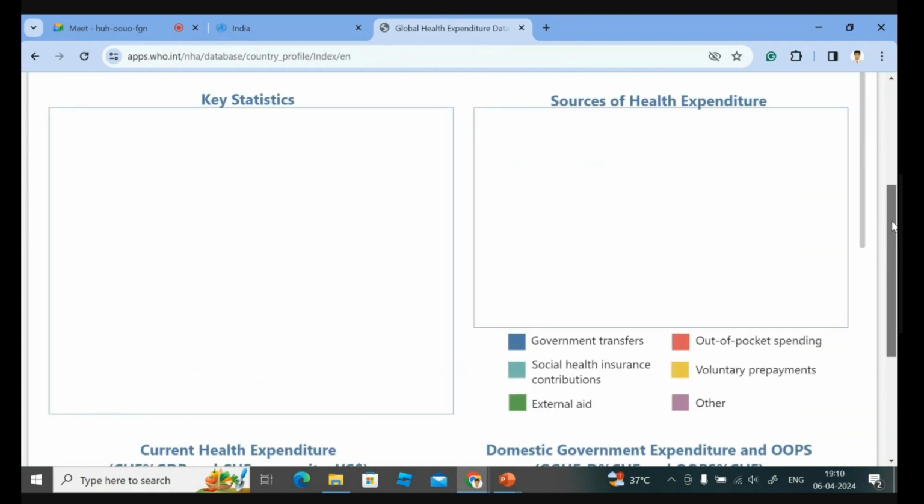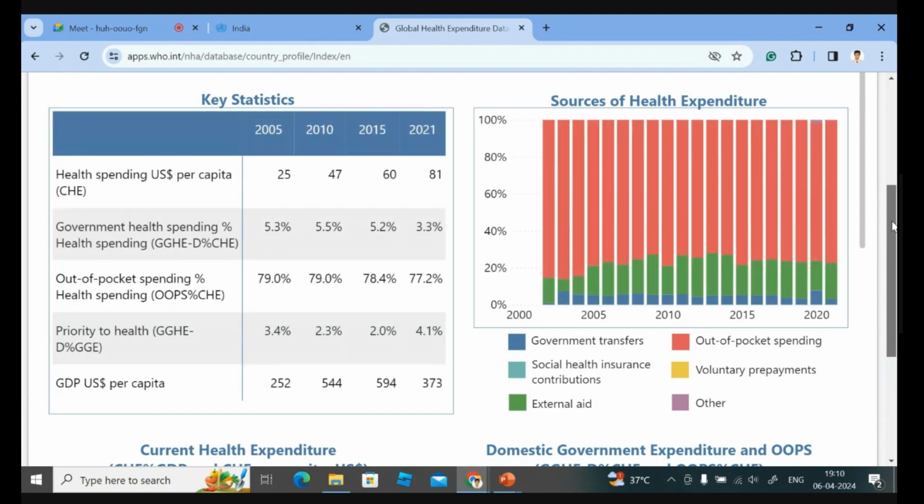It's still reading and loading the data. So these are the ones. Look at that. Health spending. Have we really spent more or less from 2005 to 2021? What is your take?